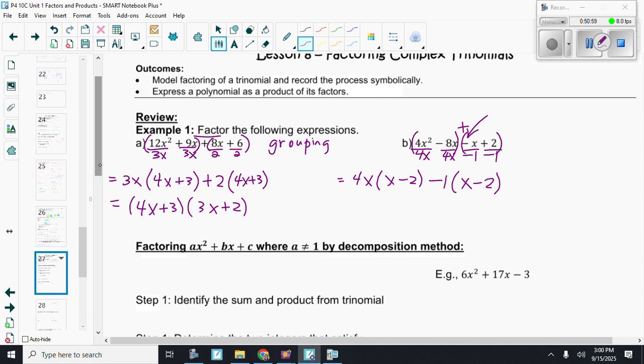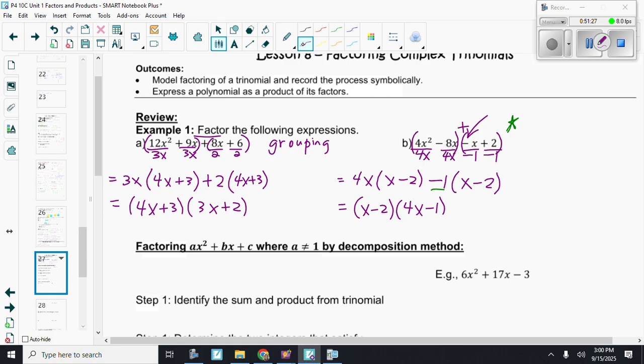Remind yourself to take a look at this one when you're doing your review. I think if you're going to make a mistake, it would be on something like this, pulling out a negative 1. All right, and then we'll just continue. Now we just regroup them. Here's our leftover factor.